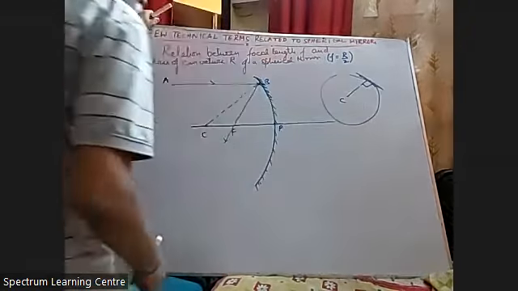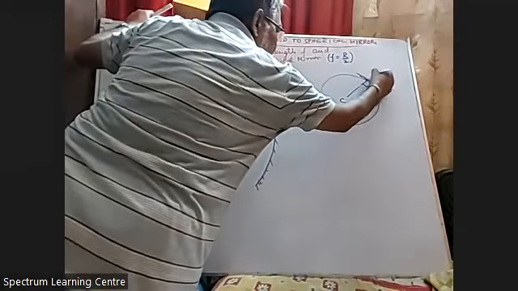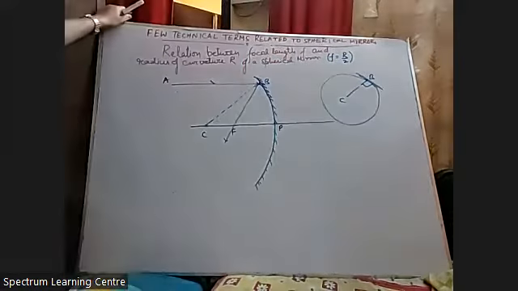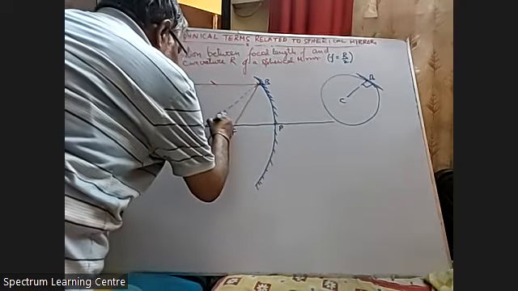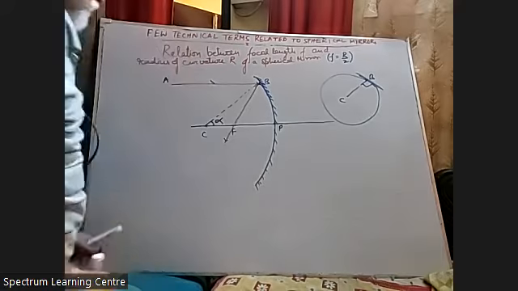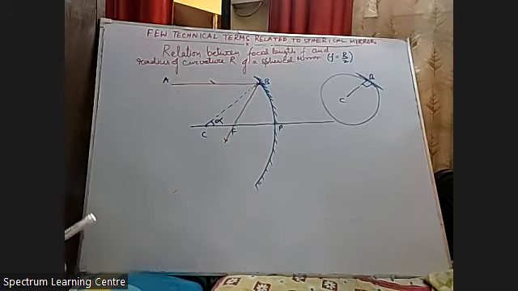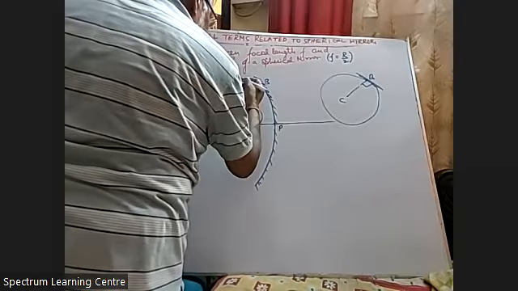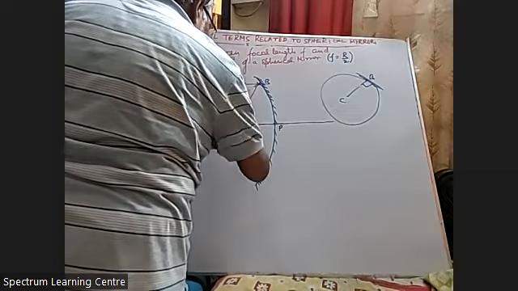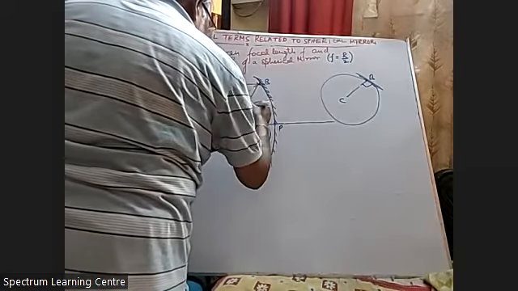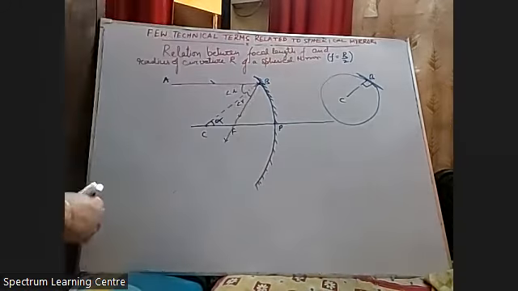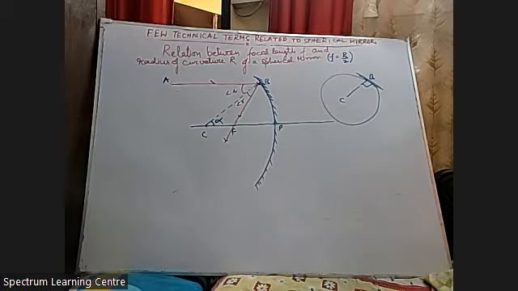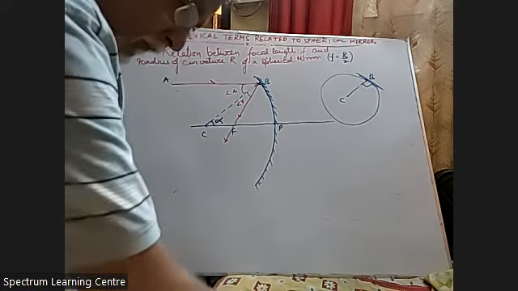This is C, and this point is B. Now let this angle be, this is called alpha. Obviously, this angle will be angle I, and this angle will be angle R, since we have already said that this follows laws of reflection, right?